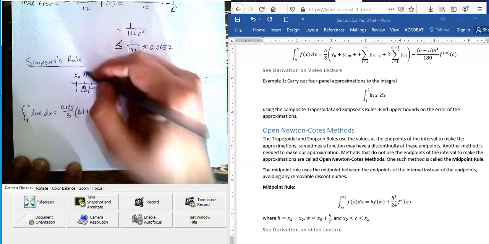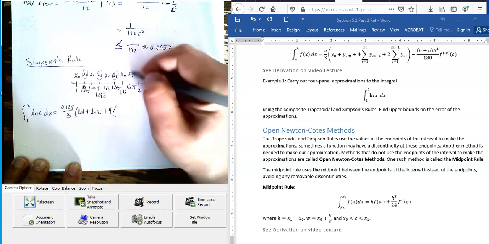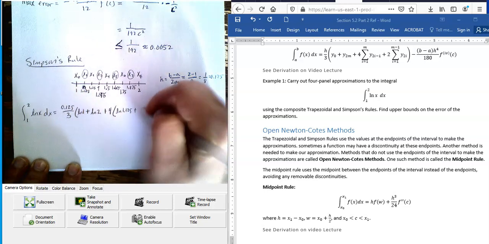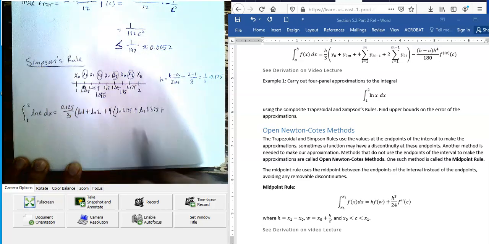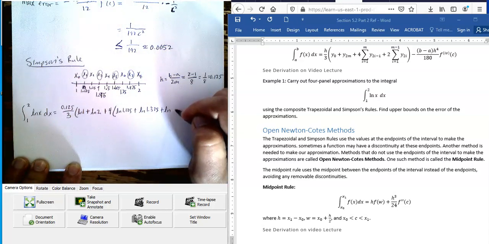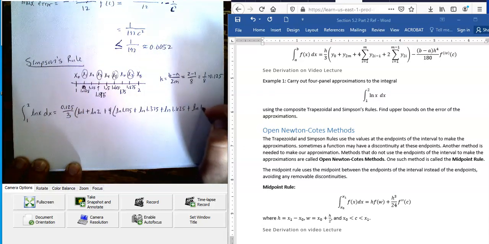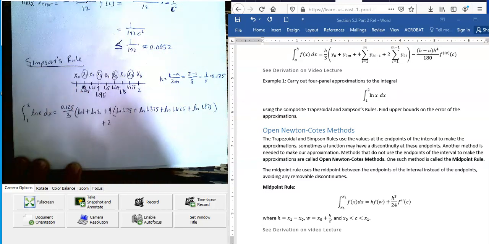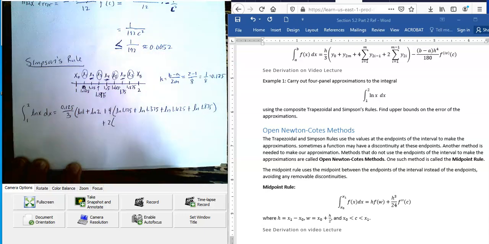So the odd ones would be x1, x3, the natural log of all of these, 5 and 7, right? So the natural log of 1.125 plus the natural log of 1.375 plus natural log 1.625 plus natural log 1.875 plus 2 times the sum of all of the even interior function evaluations.